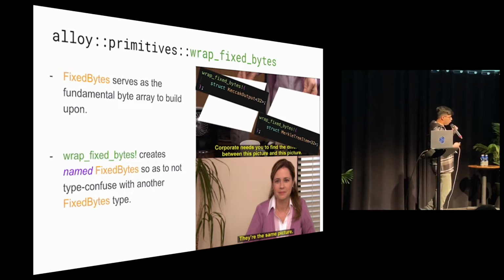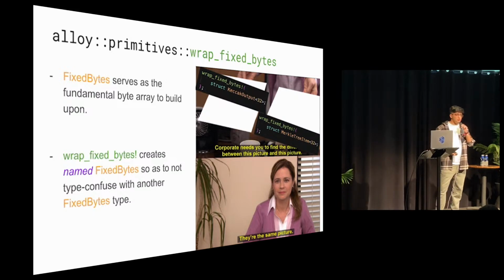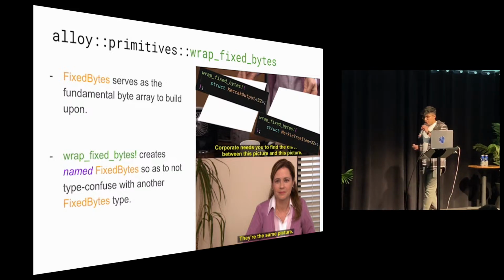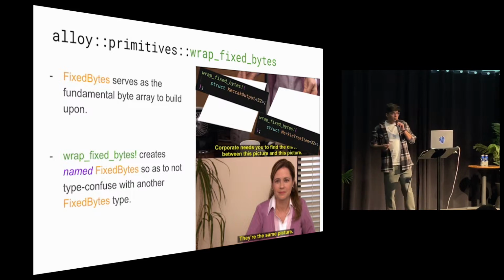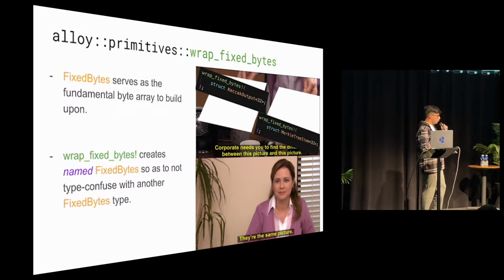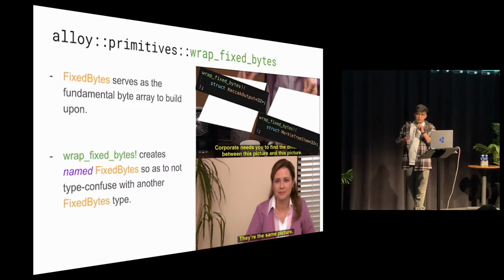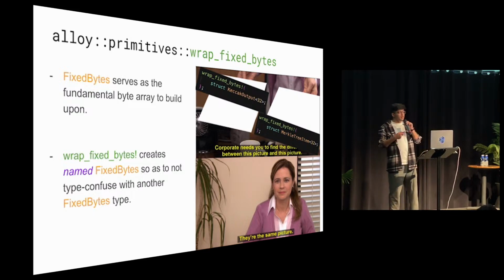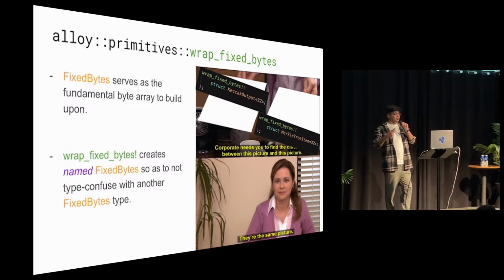Now, if you're using only FixedBytes to represent both of them, best case, you can have error-prone software, some incorrect logic while decoding stuff, and worst case, your program panics. So to do that, you can use wrap_fixed_bytes to name and differentiate the fixed byte types. What we're doing here is essentially creating a Keccak output and a Merkle tree item, and you can differentiate them while you're writing code.